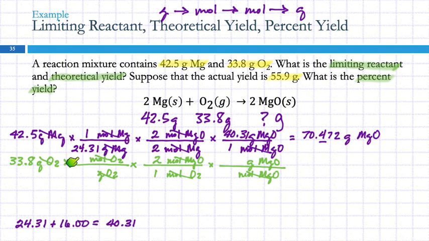And then here we've got for oxygen, that's one of those diatomic elements. So its mass is 32.00. And then look at this last term. Grams of magnesium oxide per mole of magnesium oxide.